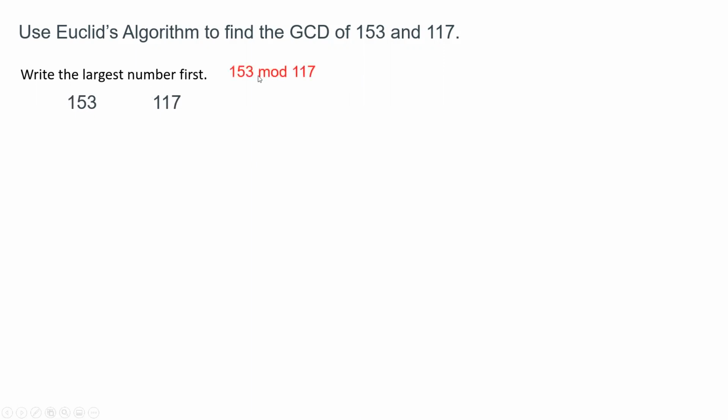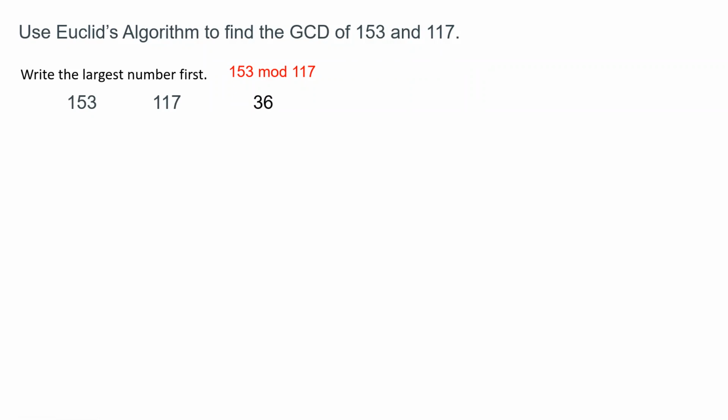The first thing we're going to do is remember that the theorem said that we can take the largest mod the smallest and get another number and use it, right? So we're going to take 153 mod 117 and see what number we get. I'm not going to take the time to do it.